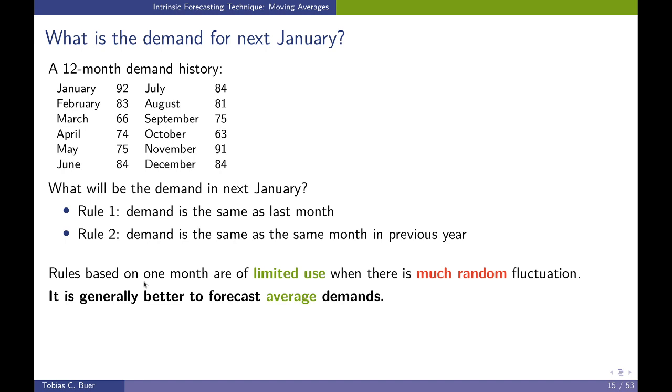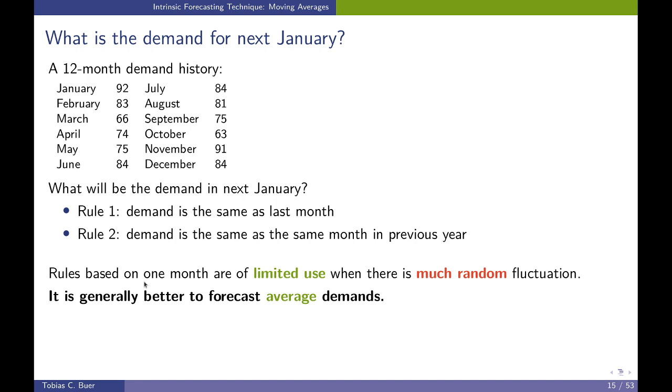So in that case, we would say the demand will be 84. We just say nothing will change from the current month. And for some situations, this type of forecast is not bad. For example, when you do a weather forecast, you're not so bad if you just say the weather tomorrow will be the same as today. Of course, it will not work for all situations.